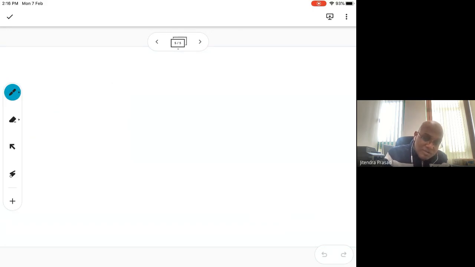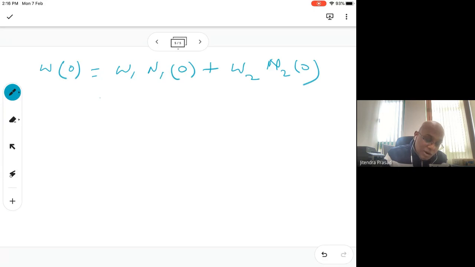First of all we want to find the value of w0. w0 will be equal to w1 multiplied by N1(0) plus w2 N2(0). N1(0) is 1, so it is equal to w1. We know that when x equals 0 this is w1, since N1 equals 1 at x equal to 0 and N2 equals 0 at x equal to 0. So this becomes 0, and hence you have this.